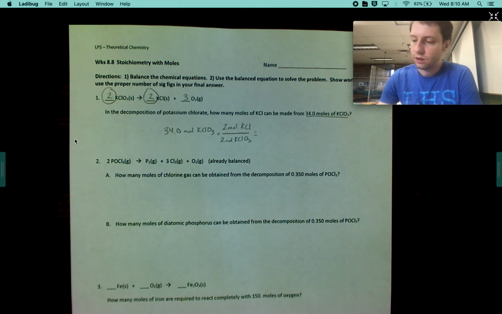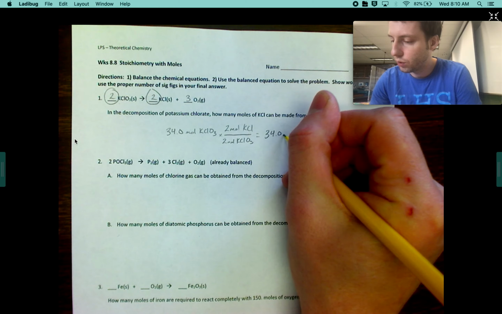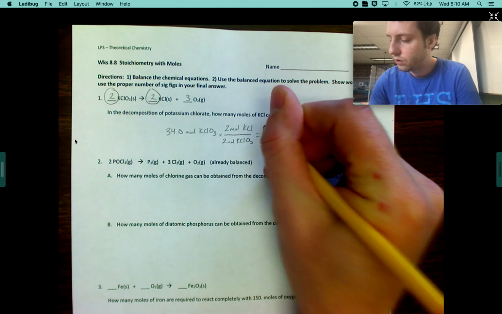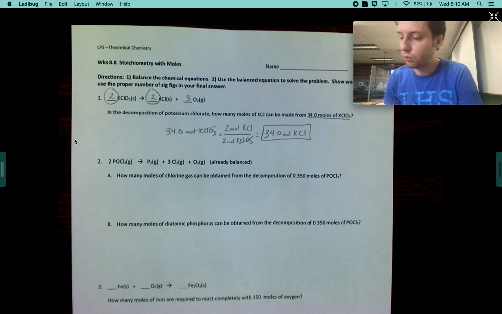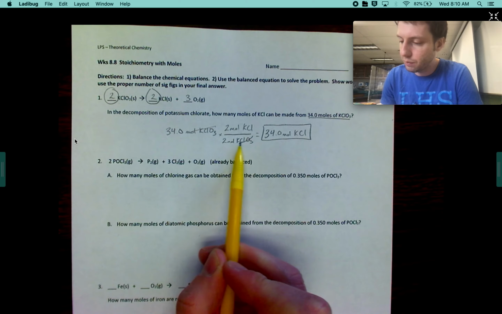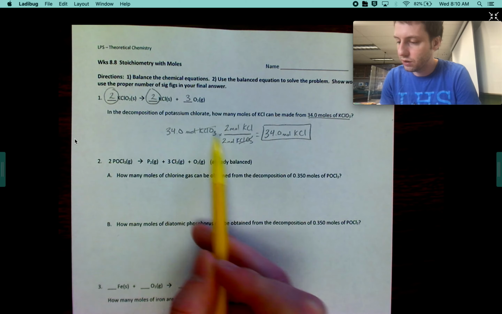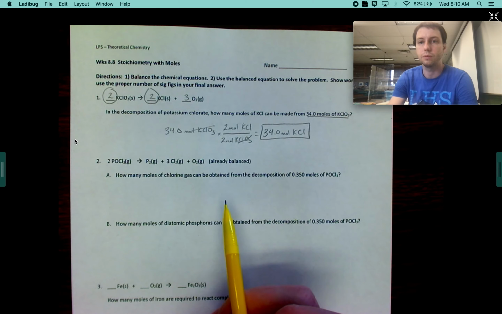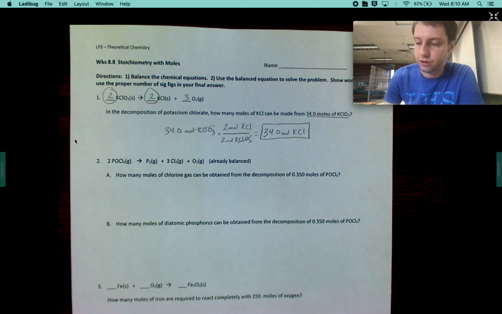And I don't need a calculator for that one. It's just going to be 34.0 moles KCl. Just like always, my units cancel. Moles of KClO3 cancels moles of KClO3. Notice I put my KClO3 on the bottom because my units need to cancel diagonally. And so that's how you know which way to orient your conversion factor.